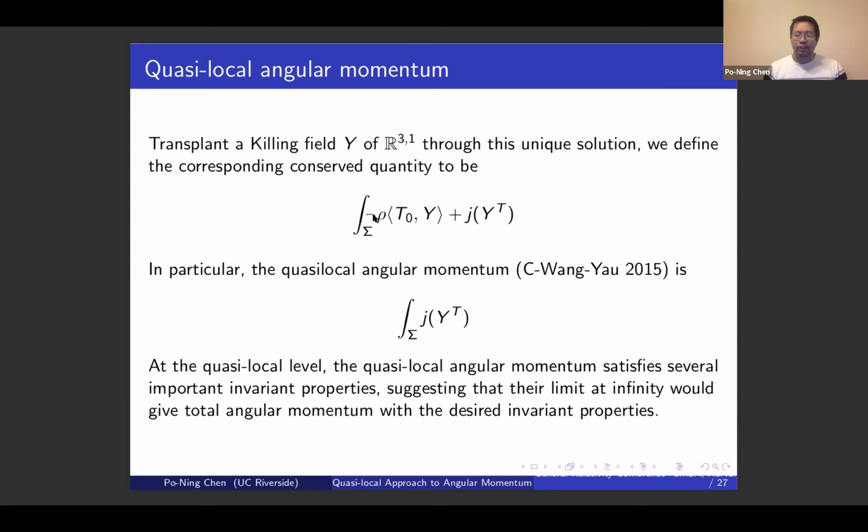Now, in particular, if I choose a rotation perpendicular to t0, then the quasi-local angular momentum is simply the following. So now the first term goes away. The quasi-local angular momentum is simply: I find the tangential part of the Killing field to the isometric embedding in R31, evaluate that vector field against my J, and integrate on my surface.